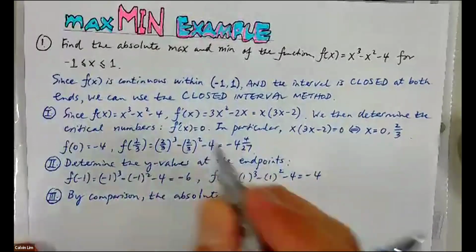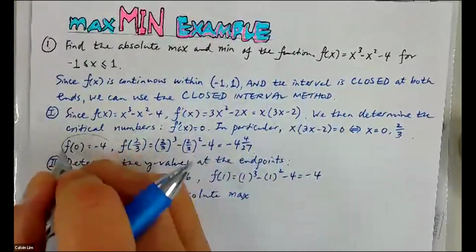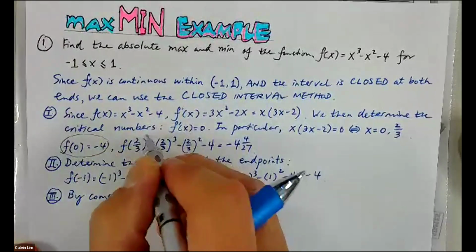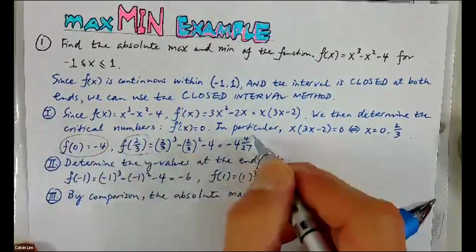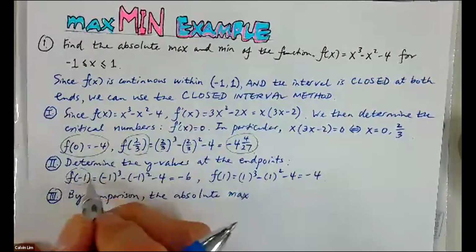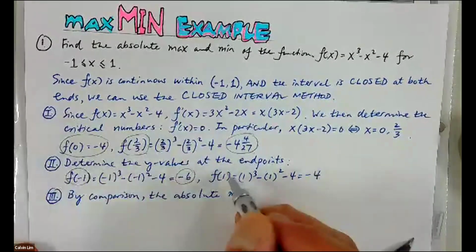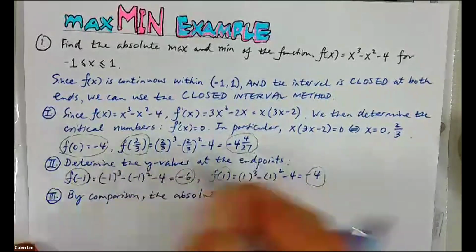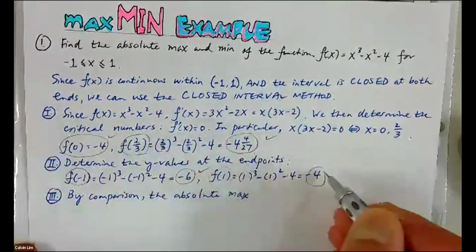So we have this one point, this is another point, and this is another one, and this is another one. So we have 1, 2, 3, and 4.